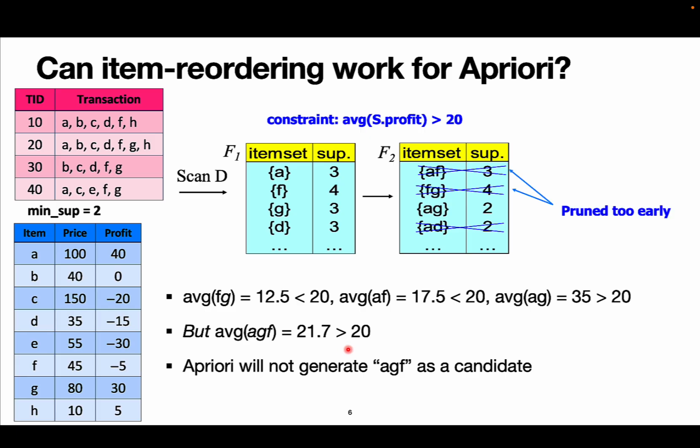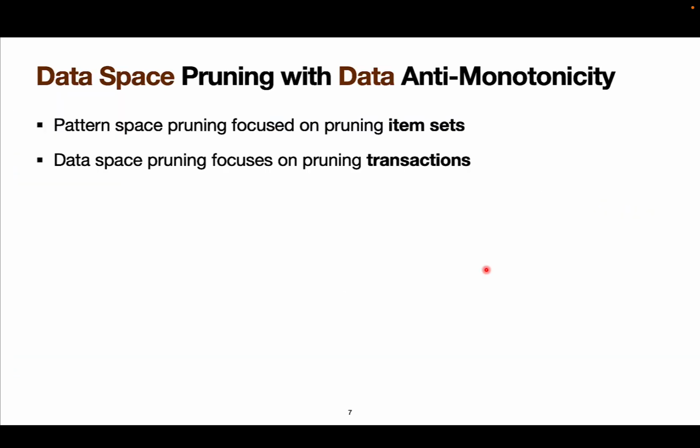was pruned too early. Moving to data space pruning with data anti-monotonicity, what we have seen so far is pattern space pruning, which focused on pruning item sets. Data space pruning, on the other hand, focuses on pruning transactions.